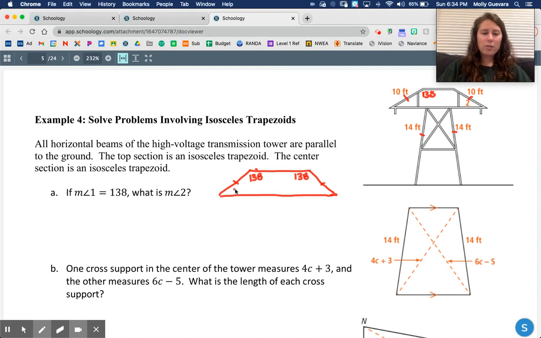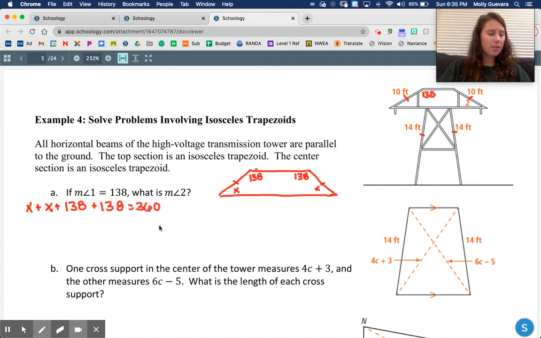And I don't know what this is, and I don't know what this is, but I do know that the sum of a four-sided figure, if I add up all the interior angles, I will get 360. So I can do x plus 138 plus 138 equals 360.